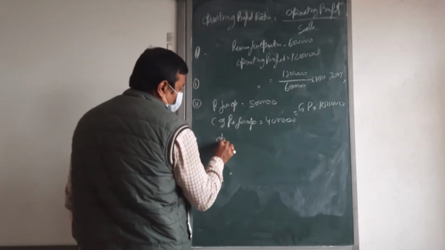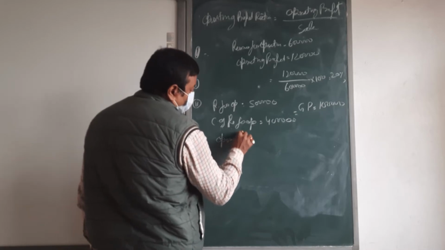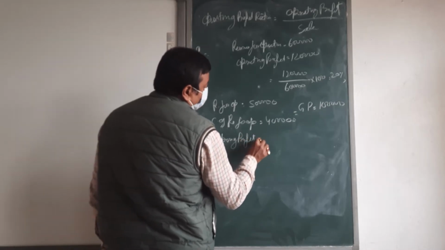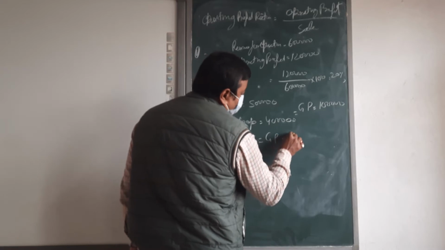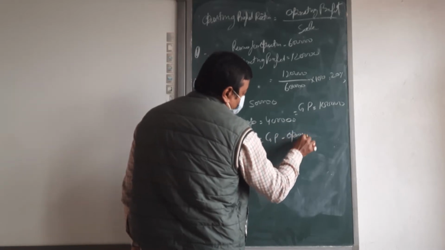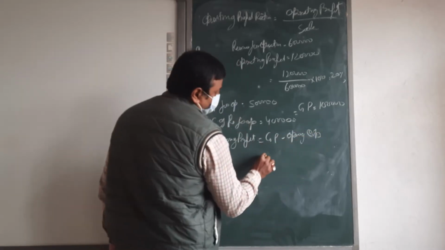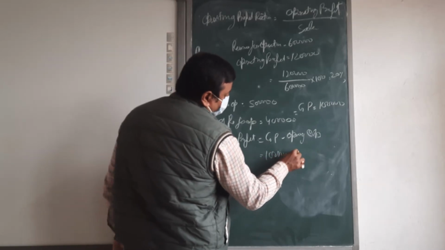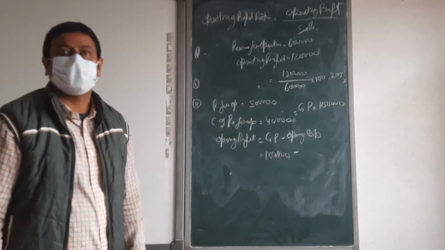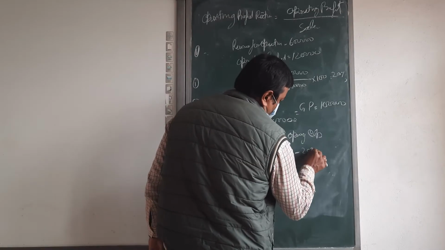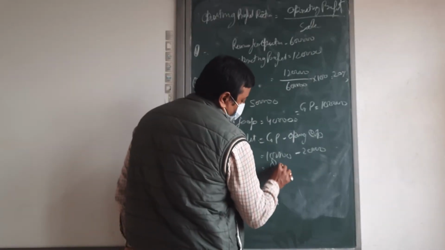Then operating profit is equal to GP less operating expense, and GP is 1 lakh. 1 lakh less operating expense 20,000 means 80,000.